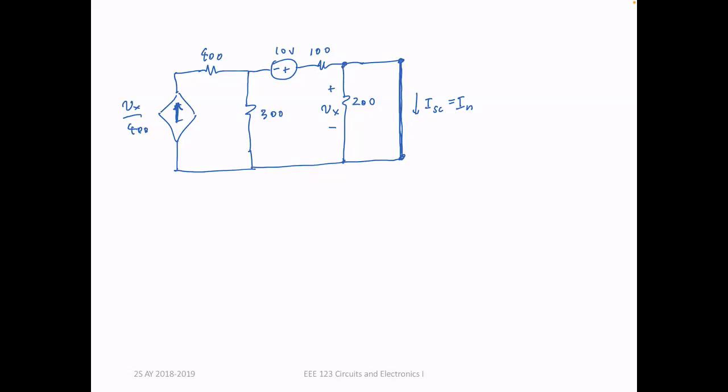If I short this, what is the value of V sub x? Anyone? Ano nagiging value of V sub x? 0, right? Because the voltage across any short is equal to 0. That's right, Patrick. No? So if V sub x is equal to 0, itong current na to will also be equal to 0. In effect, this becomes an open circuit.